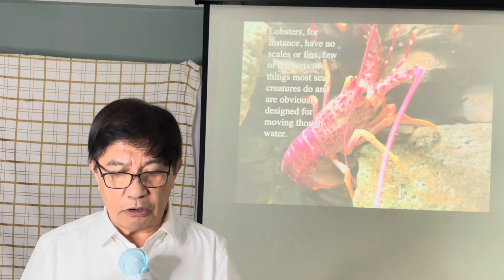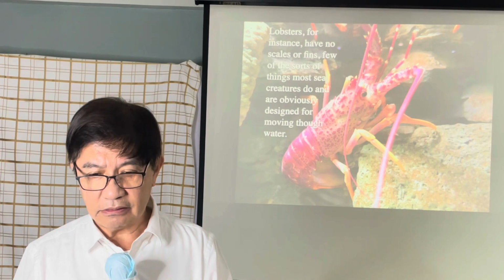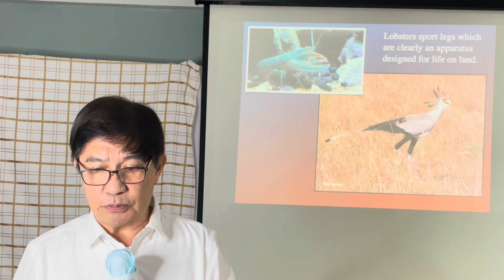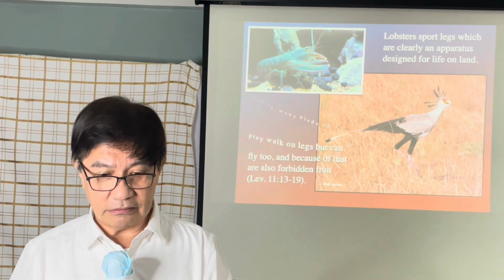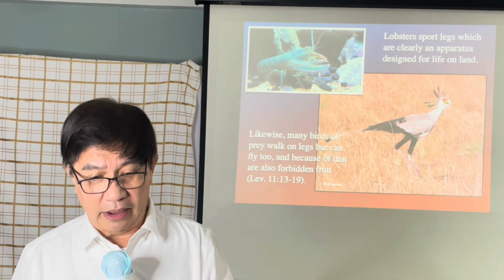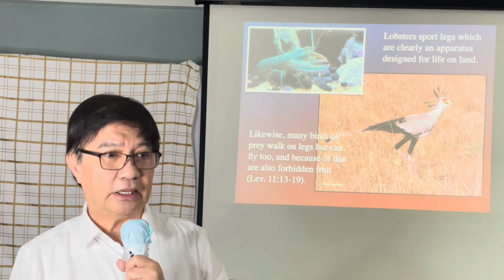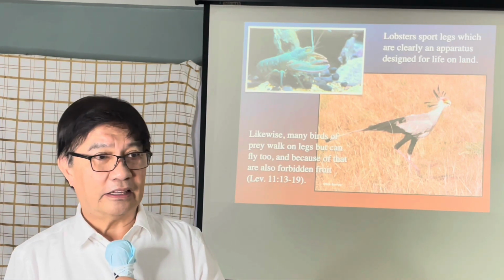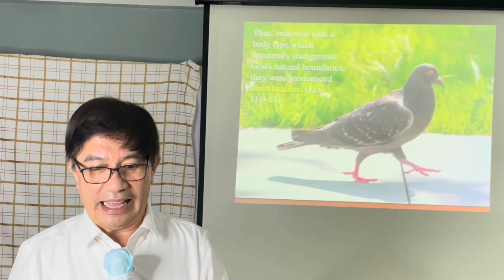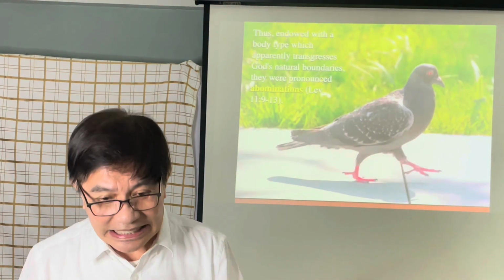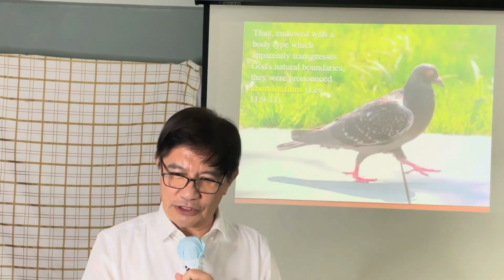Few of the sorts of the things most sea creatures do and are obviously designed for moving through the water. Lobsters sport legs, which are clearly an apparatus designed for life on land. Likewise, many birds of prey walk on legs but can fly too. And because of that, they are also forbidden food. So don't eat anything that flies and crawls. So, thus, endowed with a body type which apparently transgresses God's natural boundaries, they were pronounced abomination. So we should get rid of our pigeons.